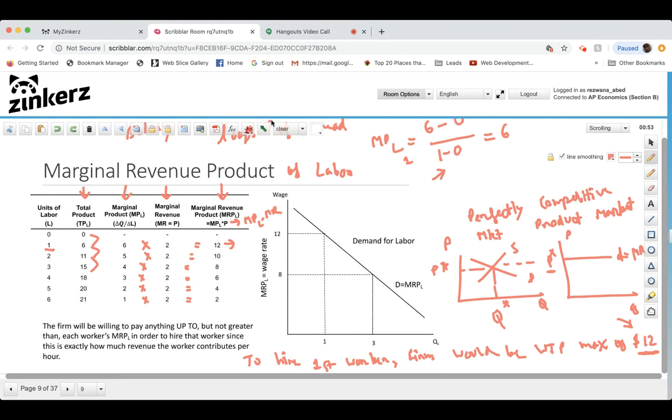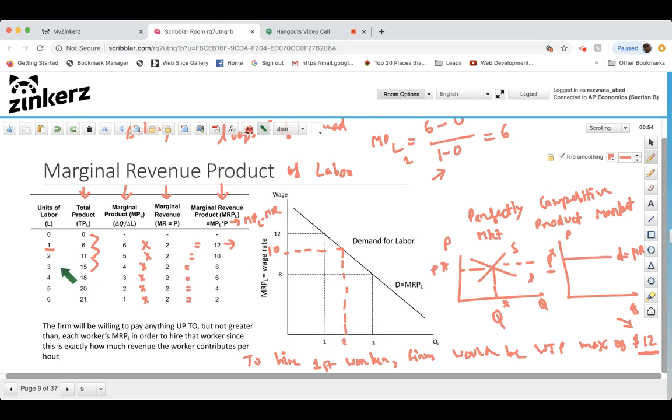If you take a look at us going down, for the second worker, his marginal revenue product is less than the first worker's, and therefore his marginal revenue product of labor is also less. So to hire the second worker, the farm would only be willing to pay something like $10. They wouldn't pay anything more than $10 to hire that second worker.